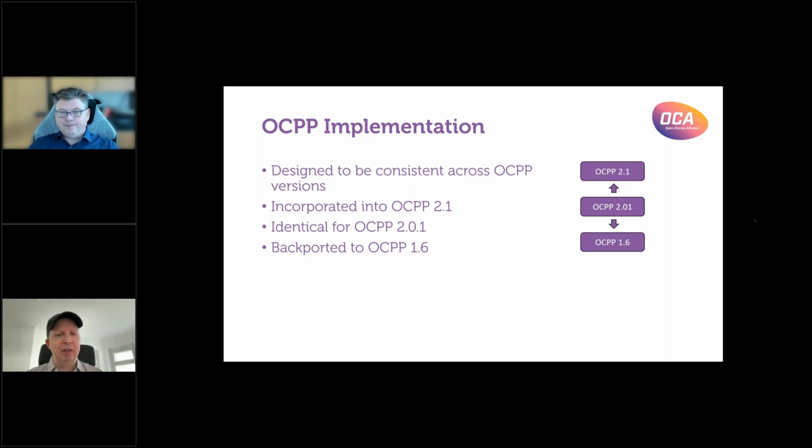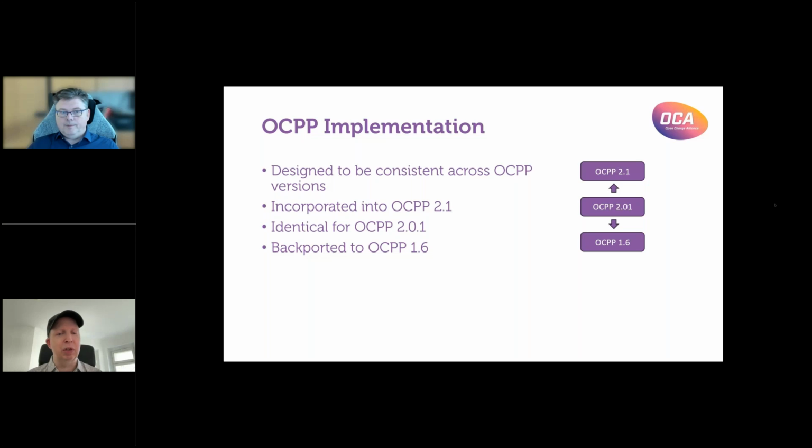And in the end, these additions we made to OCPP 2.0.1 ended up being incorporated into OCPP 2.1. So what we have now is that this application note contains additions to OCPP 2.0.1 that are already found in OCPP 2.1. And the solution is pretty much identical for OCPP 2.0.1 and 2.1.